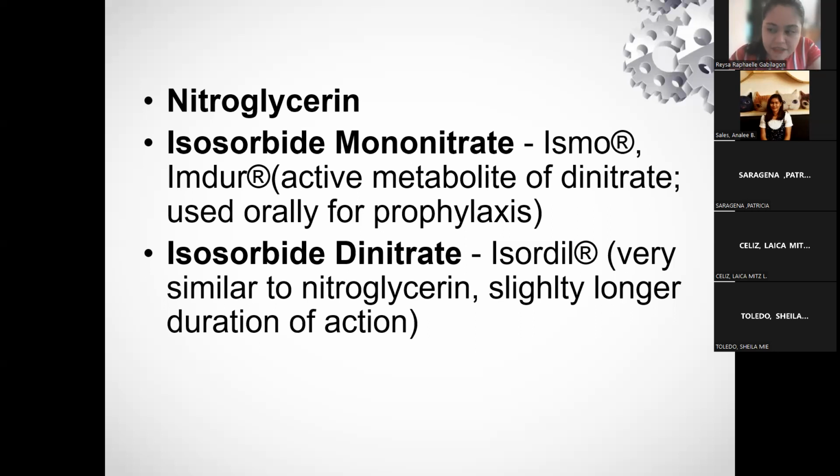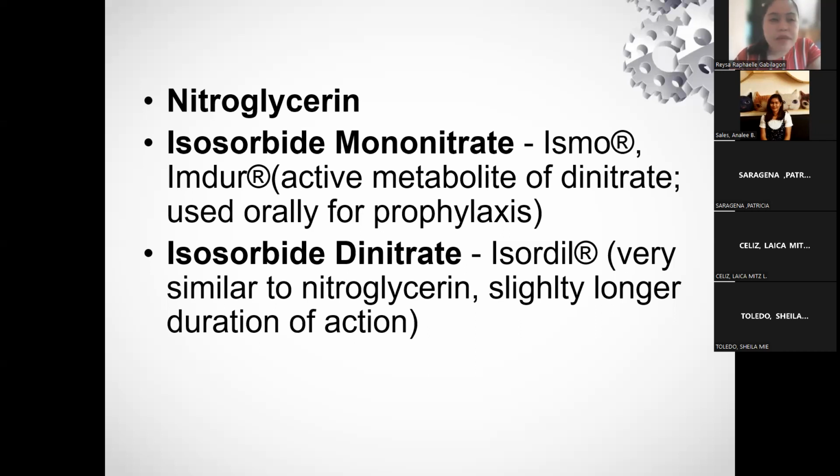And it has the advantage that it can be given orally, because nitroglycerine really can't be given orally, right? Because of the extensive first pass effect. This one can be given orally, and we have the sublingual tablet in the market.